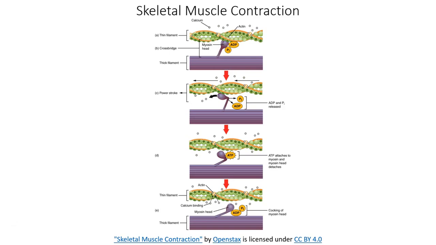And so that's going to keep going as long as there is enough ATP available and there is still enough calcium available to keep that troponin-tropomyosin complex from blocking those binding sites.